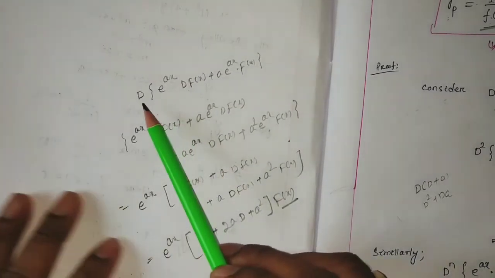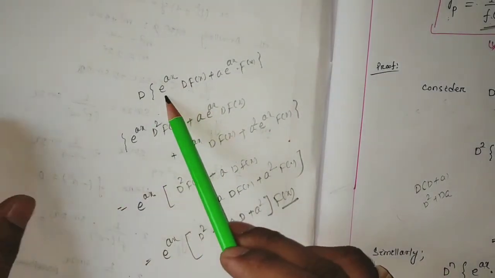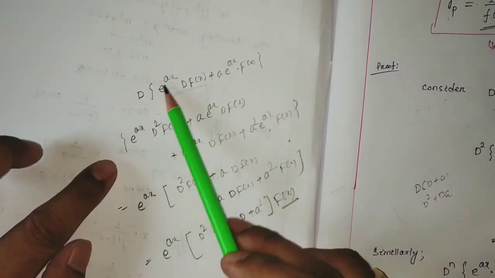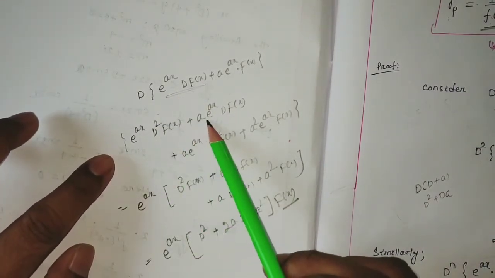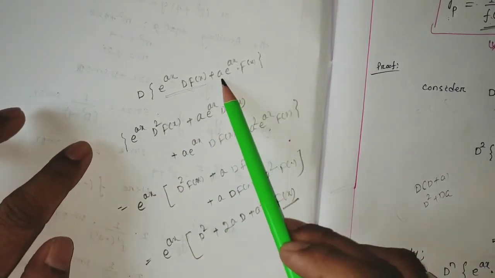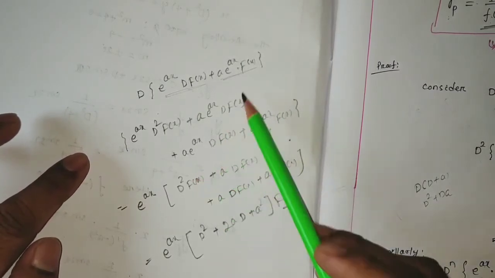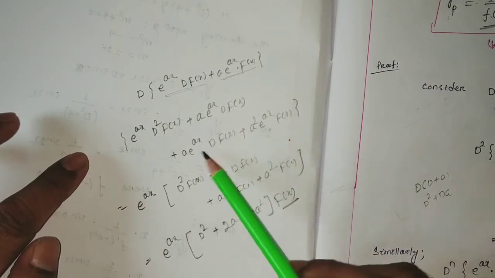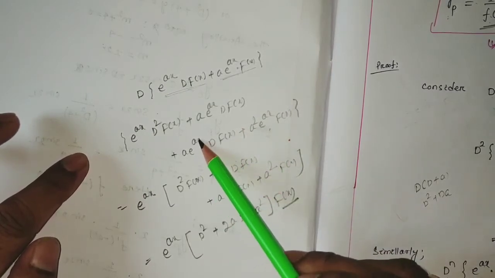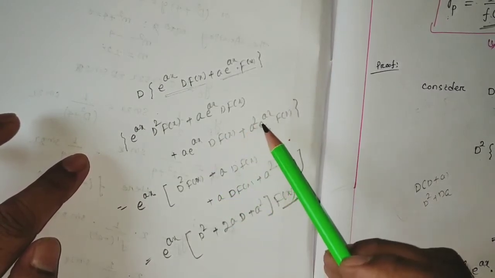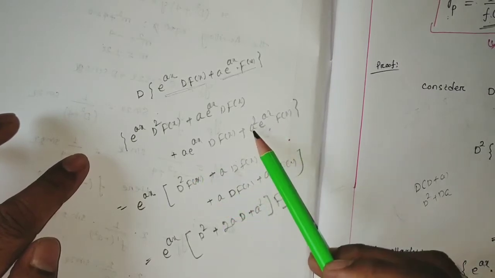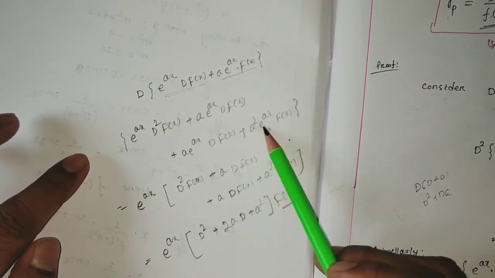So here we are going to consider the product formula. So e to the power x D square f(x) plus a e to the power x D f(x). Again here also we consider the product formula: a e to the power x D of f(x) plus, here the derivative of e to the power x will be a e to the power x, or a square e to the power x f(x).